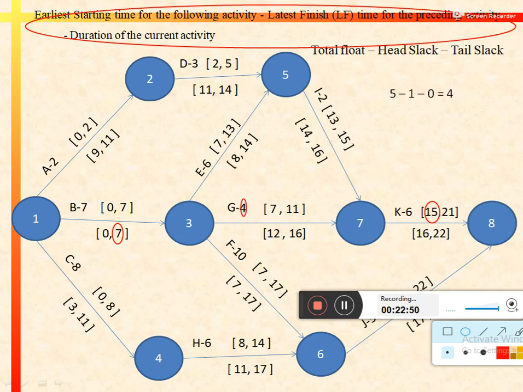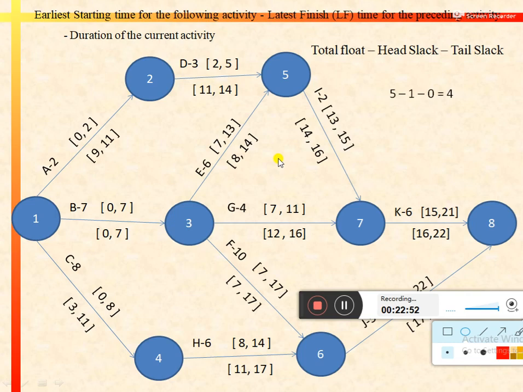Similarly, we can calculate the independent float for other activities, like for activity D. For activity D, the earliest starting time for the following activity is I for D. So earliest starting time is 13.